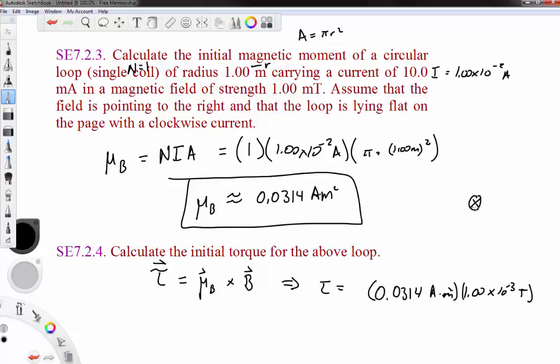Your thumb will be pointing into the page. So for what that's worth, the torque is going to be given by this number, basically 3.14 times 10 to the minus 5. And of course the units for torque are Newton meters.